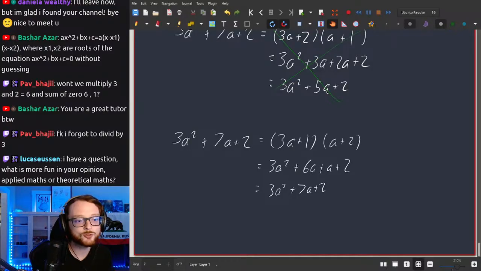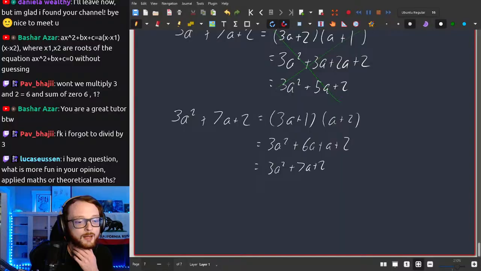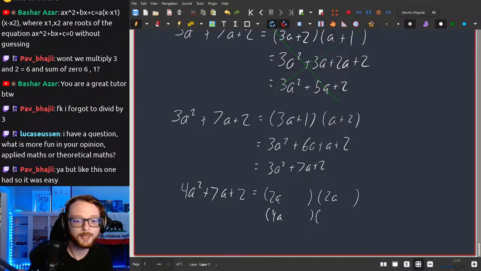So the only issue is that this can get complicated depending on what the numbers are. Let's say if there was a 4a squared here instead, this might not factor, so I wouldn't do this exact example for it, but if this is a 4a, that means we have choices for what to put here and here, because it could be 2 and 2, but it could also be 4 and 1.